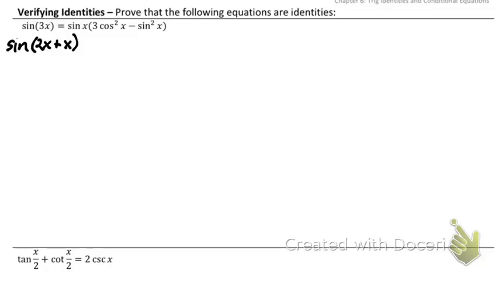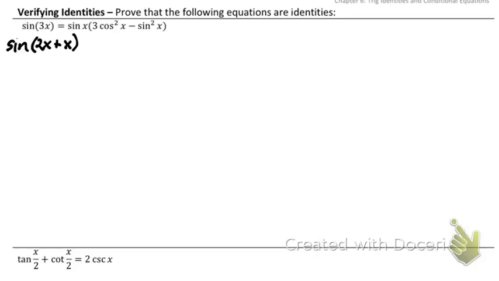All right, cosine of 2x plus x. So I can see the starting of a double angle. However, in order to use a double angle, it has to be just sine of 2x. I need to find a way to get rid of that other x. The only way I can do that is using our sum angle identities to break it even further apart. We did them on the last test.